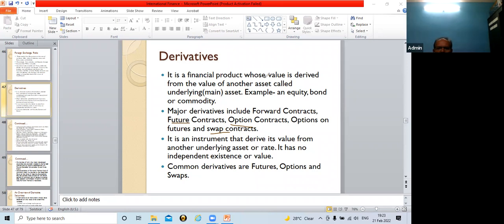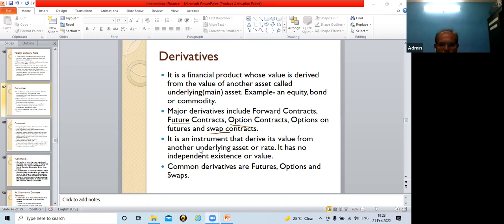It is a financial product whose value is derived from the value of another asset. The main asset is, for example, equity, bond, or commodity. And the major derivatives are, remember, future, option, and swap. Next, it is an instrument that derives its value from another underlying asset or rate.